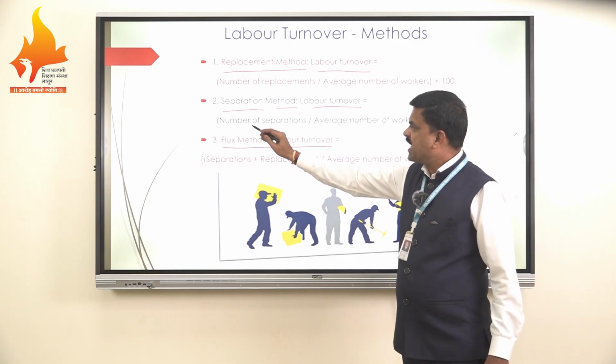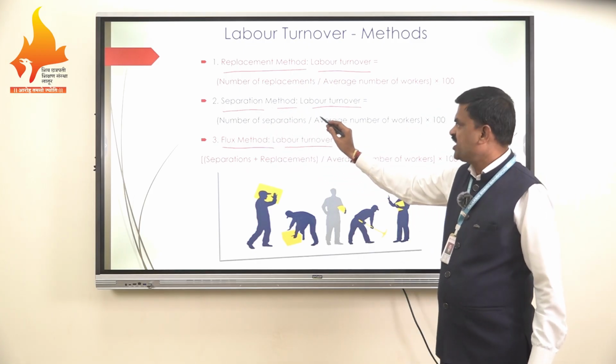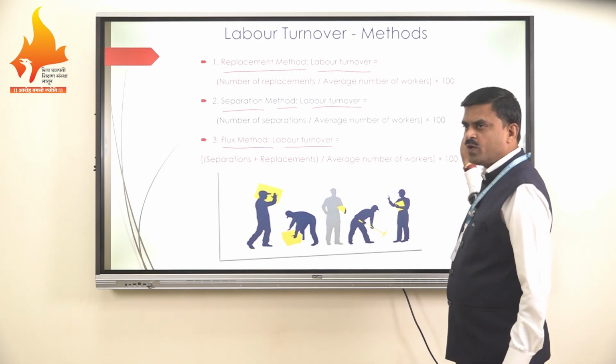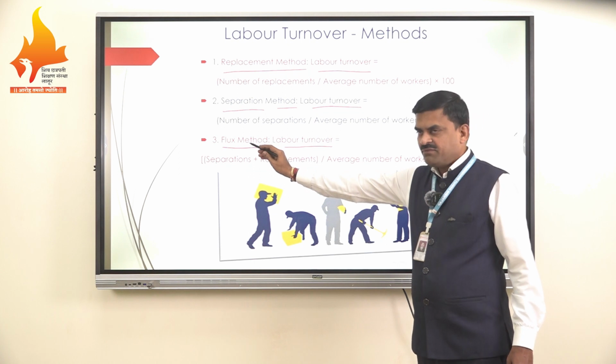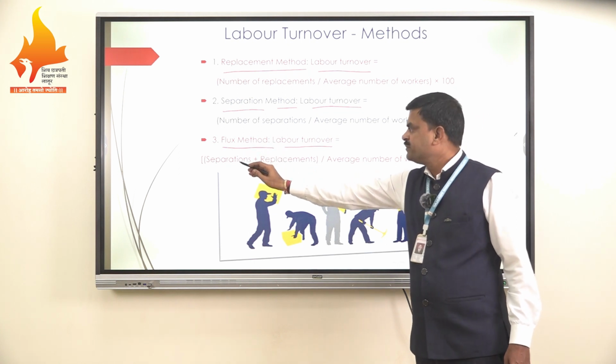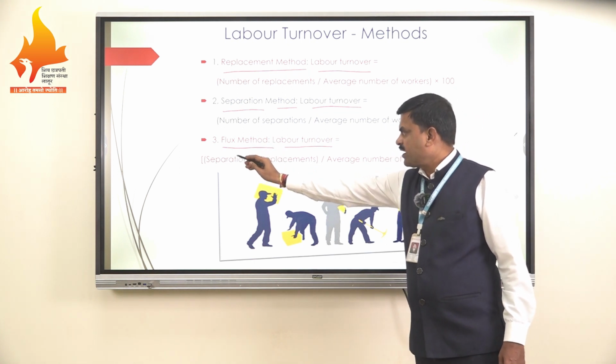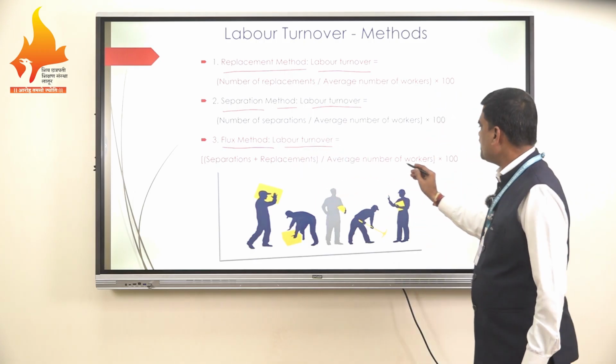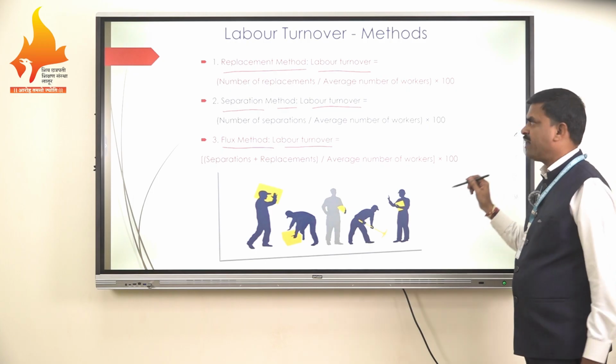The separation method has the formula: number of separations upon average number of workers into 100. Whereas the flux method has the formula: separations plus replacements in the organization upon average number of workers into 100.